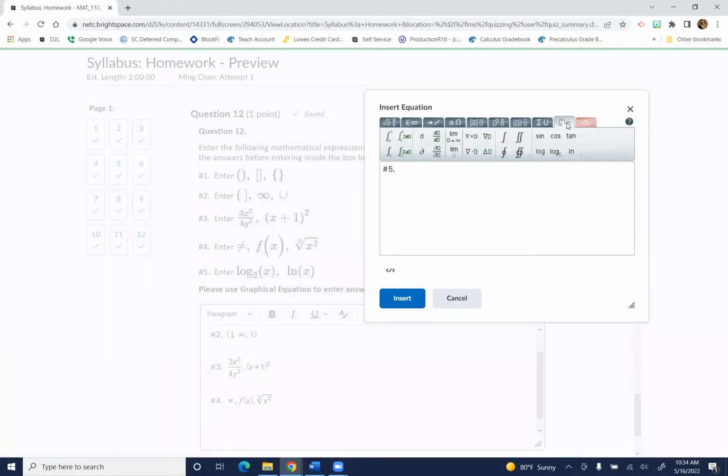So go to the very last tab. Okay, log with a subscript on it. So log base 2, inside the parenthesis put X in there. So that'll be that. All right, comma. Natural log is right here. Natural log is LN, not IN. Use this right here. Okay, LN, natural log, and put X in there.